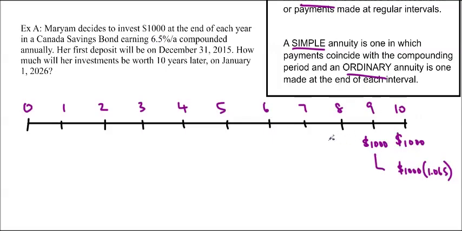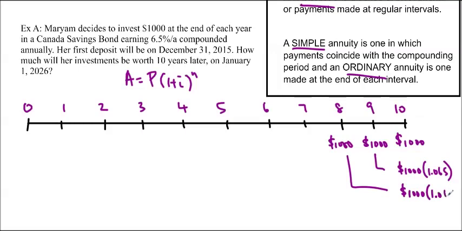In year 8, she put in $1,000, and that earned 2 years' worth of interest. So we're using the formula A equals P times (1 plus i) to the n, and we're doing that with each of these years because they're all separate. So this ends up being 1,000 times 1.065 to the 2. And for year 7, it's been in there for 3 years, so it's 1,000 times 1.065 to the 3.